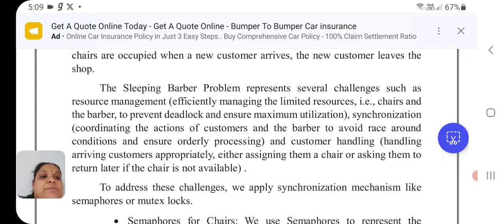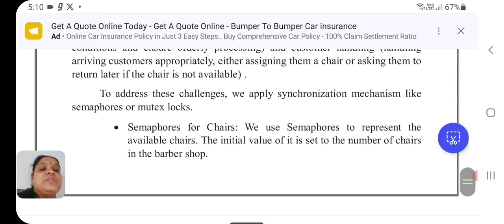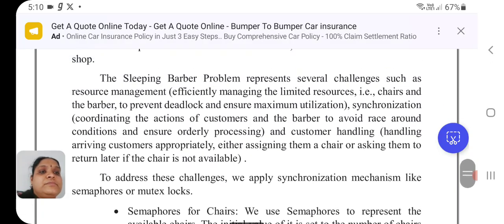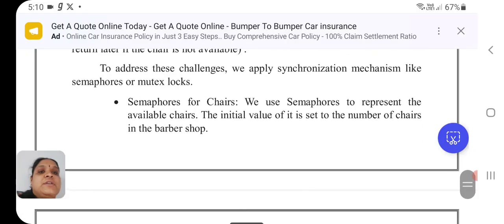And we have customer handling: handling arriving customers appropriately by either assigning them a chair or asking them to return later if no chair is available. These are the several challenges in this problem we have to face.